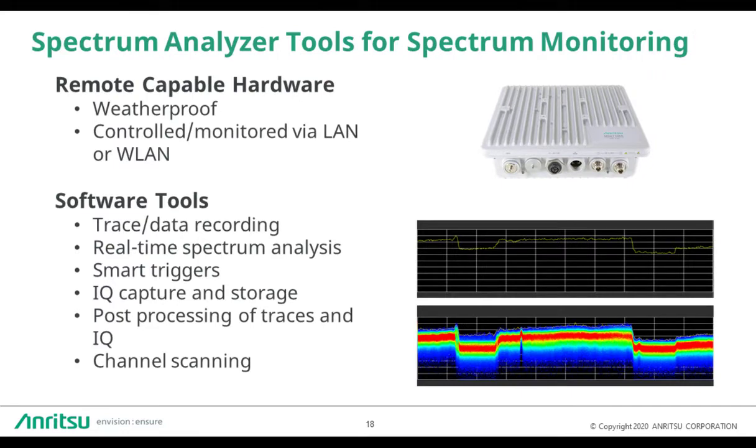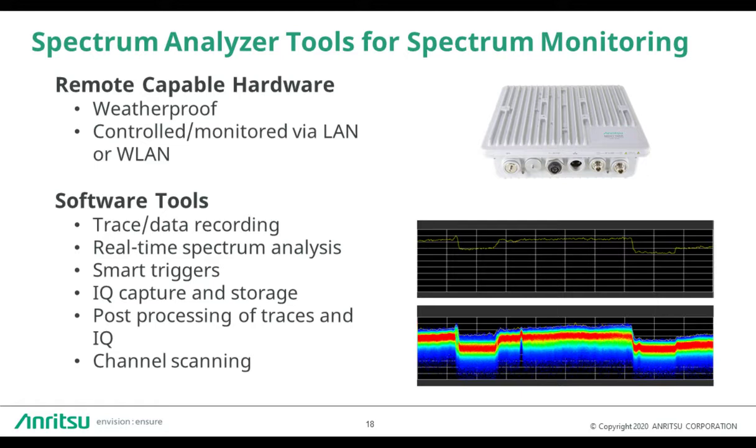Okay, so talking a little bit then about what spectrum analysis tools you would use for spectrum monitoring. On a high level, what is it that you want to look for in these tools? When it comes to hardware, weatherproof can be important depending on your environment, something that can withstand the elements.